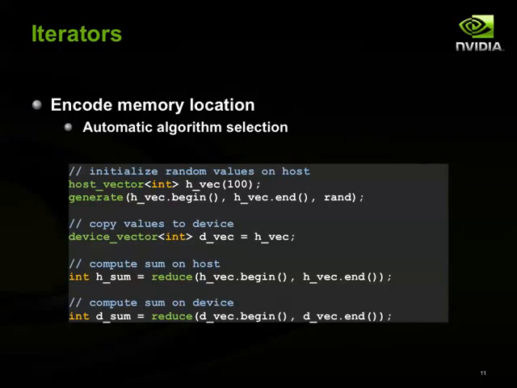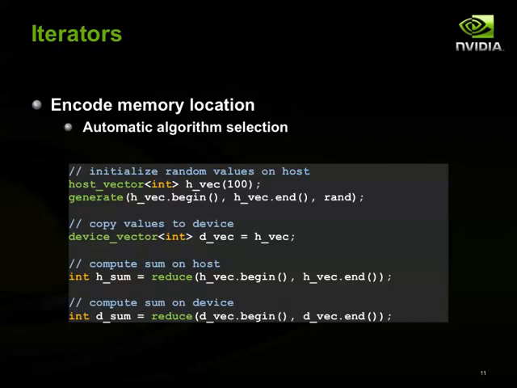So in this case, I can create 100 integers on the host, and I can copy them to the device. And whether I want to reduce them on the host or device, I don't have to say reduce on the host or reduce on the device. I just call reduce, and Thrust will figure out which version of that algorithm to call. So this is a nice technology, and this is why when we did a copy, we didn't have to say copy from the host to the device or copy from the device to the device.